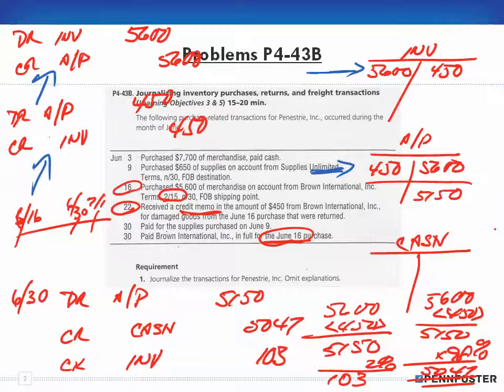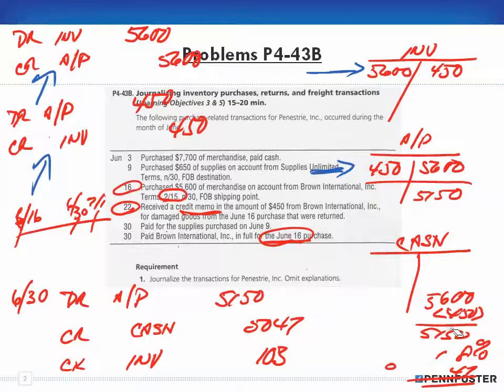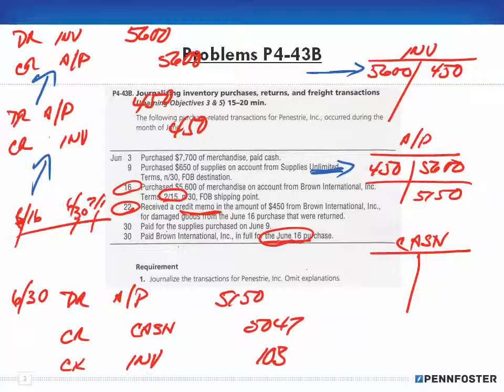Or I could have figured out the $103 discount and then taken my 5150 and subtracted the 103 and ended up with 5047. So I could have arrived at that cash amount in several different ways, but the bottom line is that the solution has incorrect information. It shouldn't be 5100, it should be 5150, even though the figures that they're crediting, 5047 and 103, are correct.